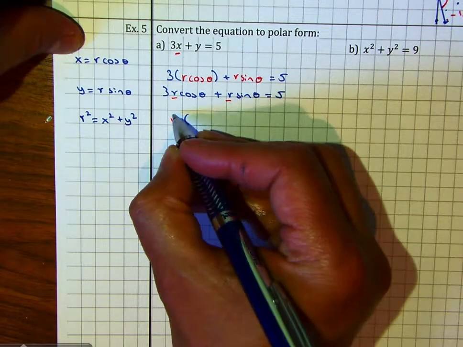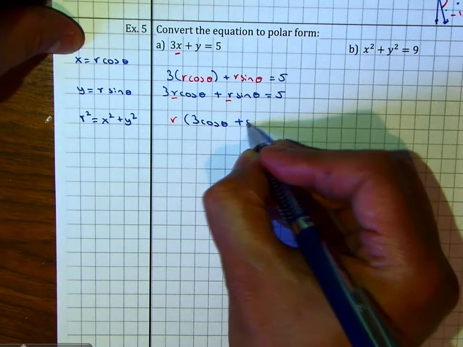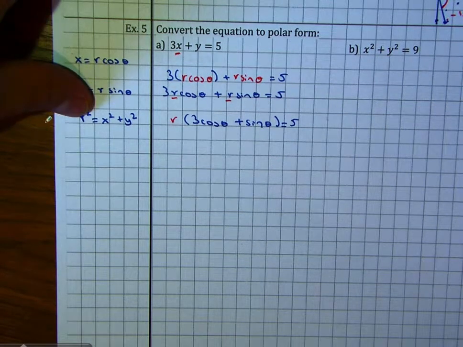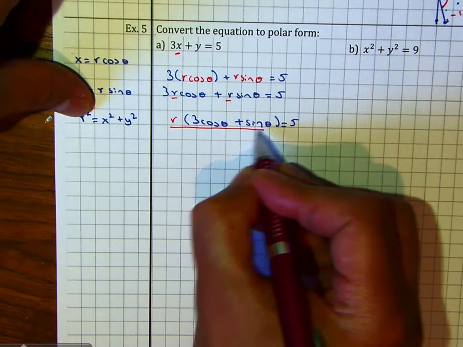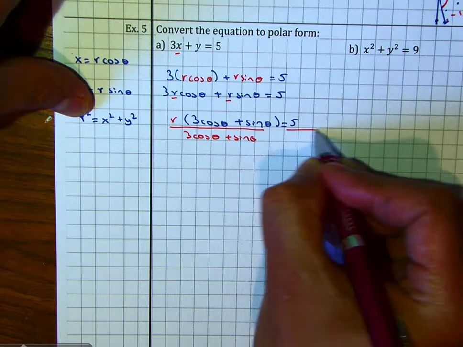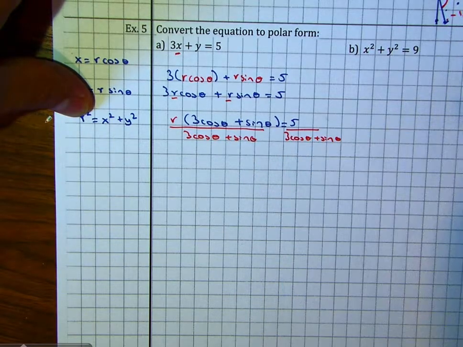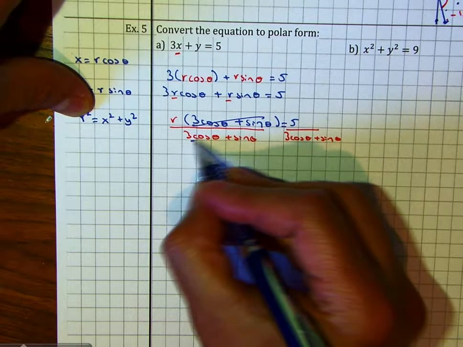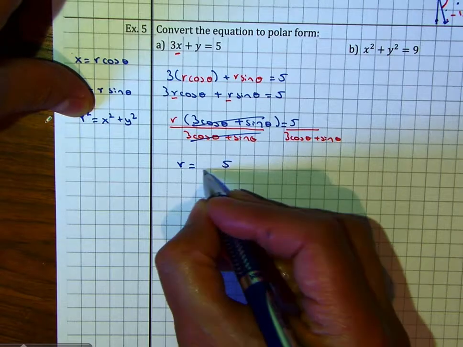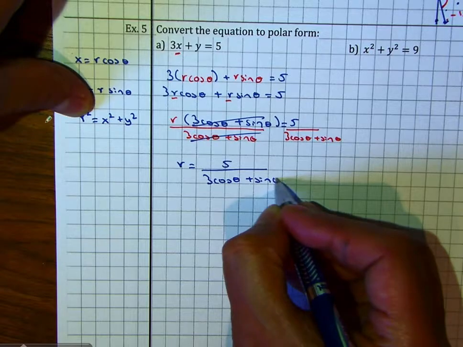We have r times 3 cosine of theta plus sine of theta, and that will be equal to 5. And now to leave the r by itself, I'm going to divide both sides by 3 cosine of theta plus sine of theta. This will cancel out, and I actually just do it in one step. r equals, I know I need to divide, so it'll be 5 over 3 cosine of theta plus sine of theta.